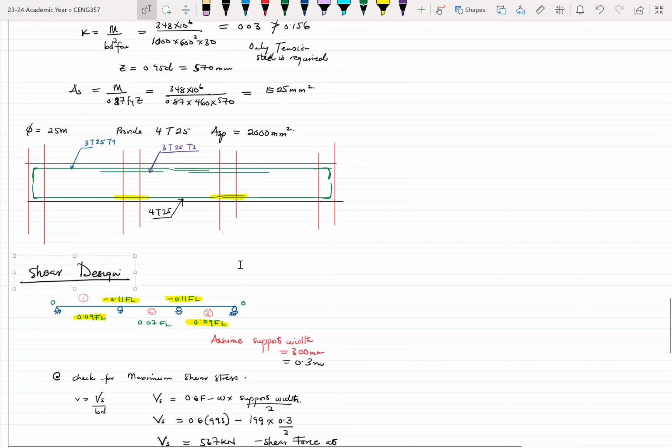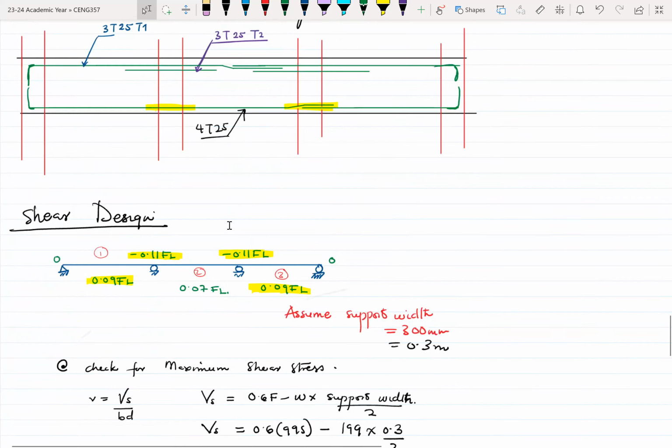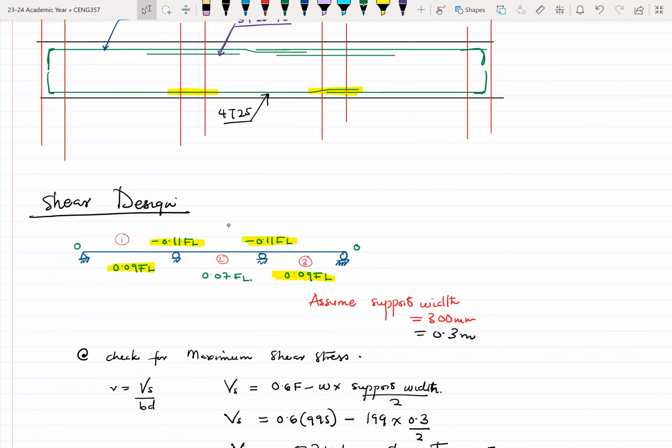So for shear design, let me just delete this since we will not need them for the moment. For shear, it's slightly different. Let me put the shear 1, 2 there so we can work with that.